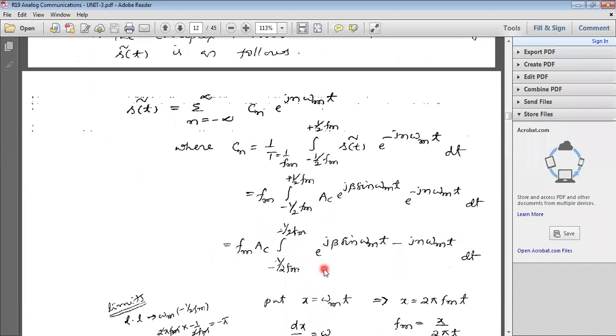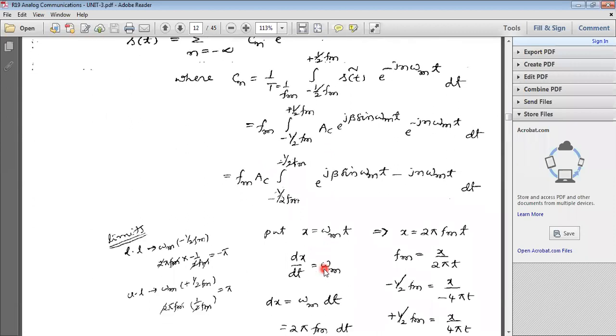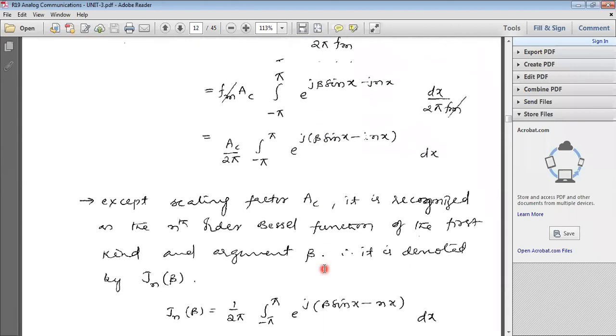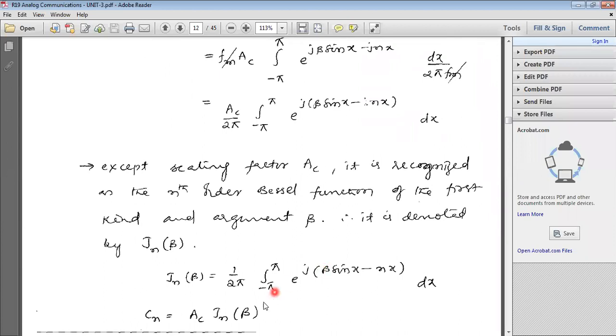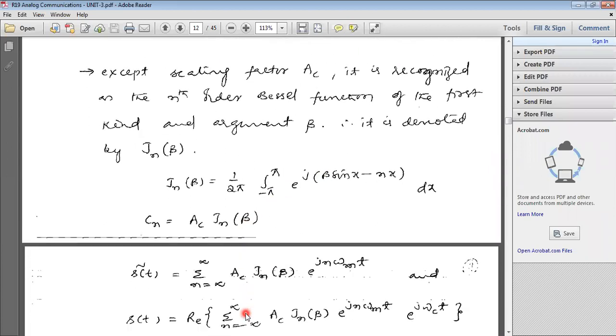According to your equation numbers, you put those equation numbers. Now substitute the Cn value in the complex envelope of S of t. It becomes sigma n equal to minus infinite to infinite.